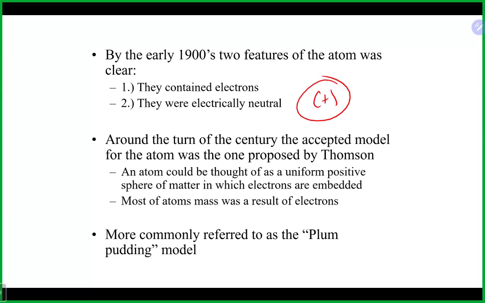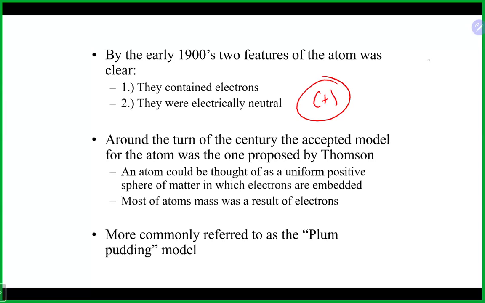Around the turn of the last century, an early model of the atom was one that was proposed by Thomson. His model of the atom was sometimes referred to as the plum pudding model.